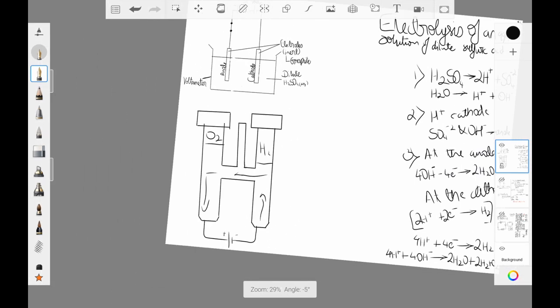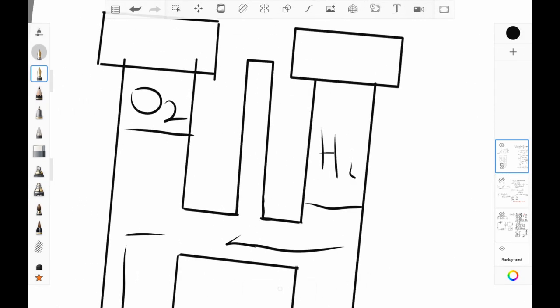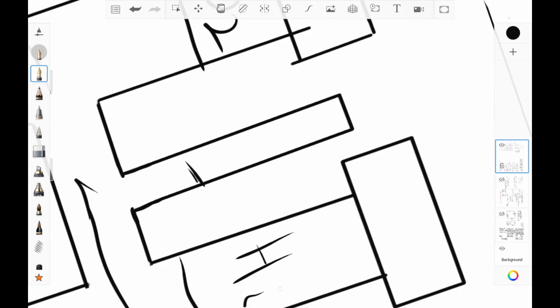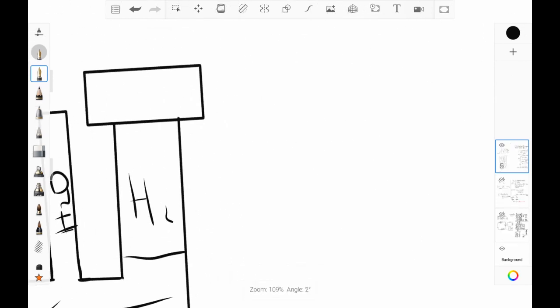Now, again, in terms of the ionic theory of electrolysis, everything remains the same. It's just that the shape of the voltameter changes, and we use the Hofmann's voltameter to deduce two things.